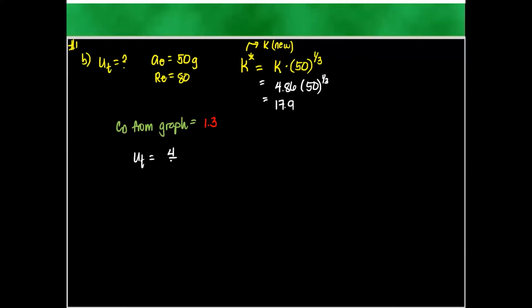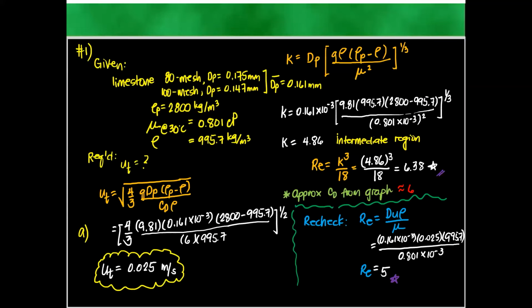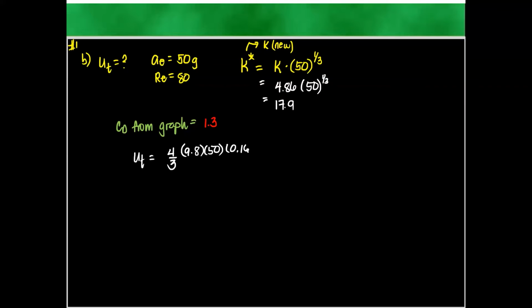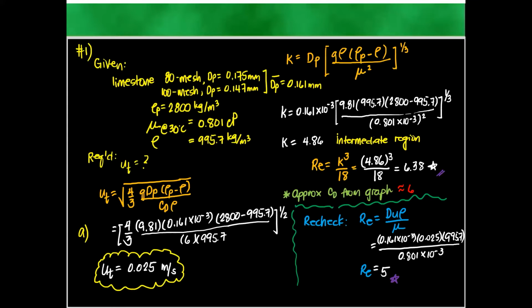It's 4/3 times 9.8 times 50 times the density, this one, UT, okay? 0.161 times 10 to the -3 times 2,800 minus 995.7, all over 3 times CD times 995.7.